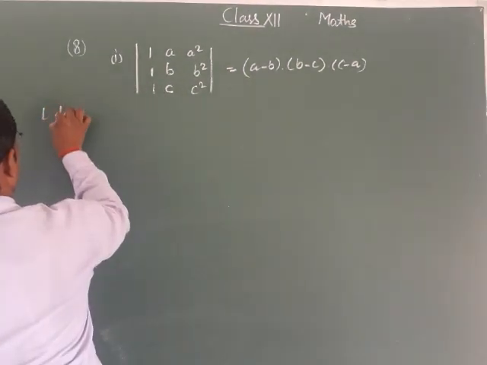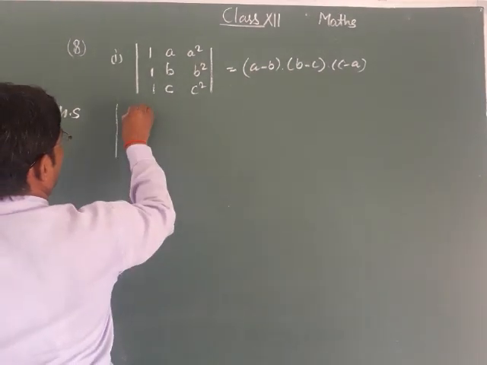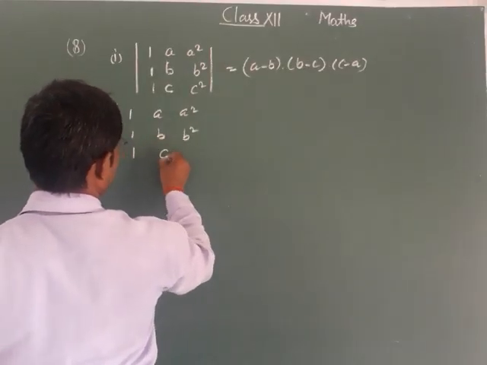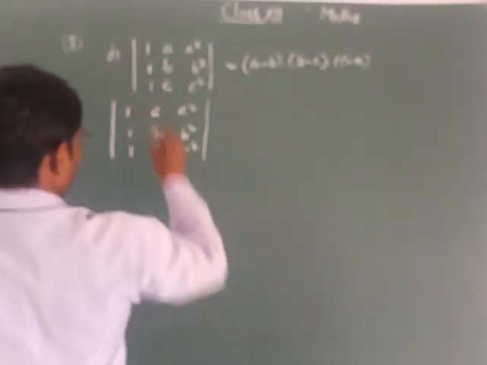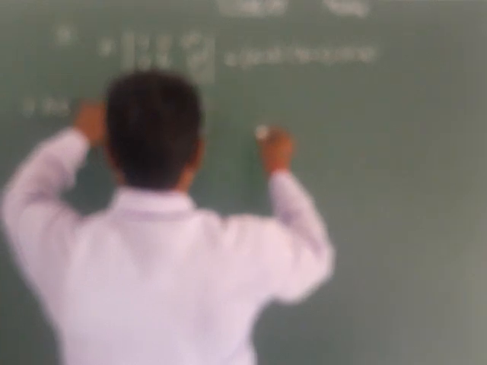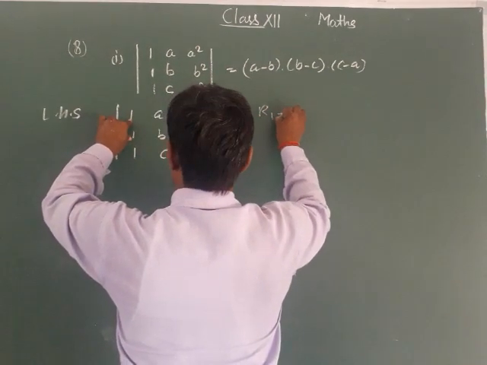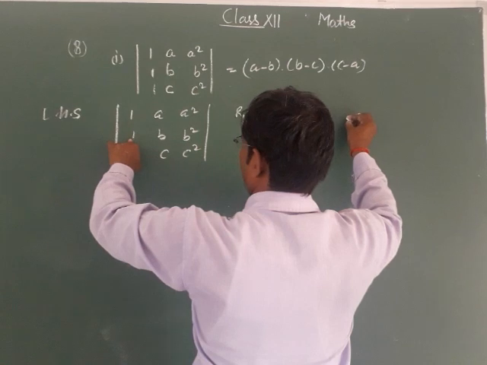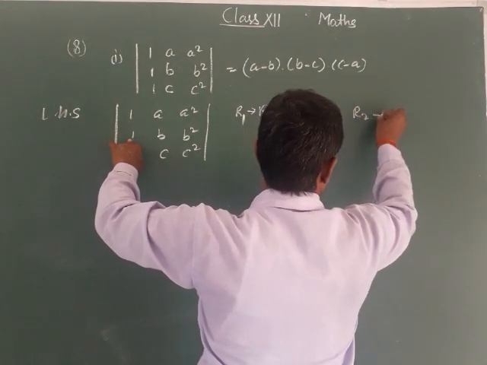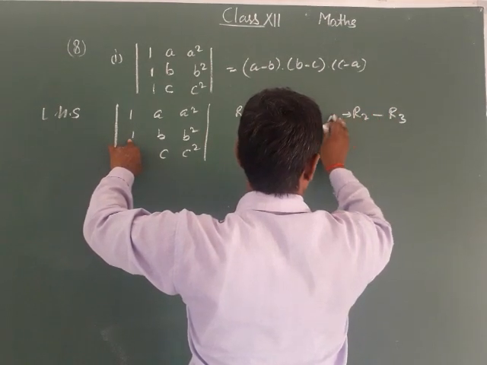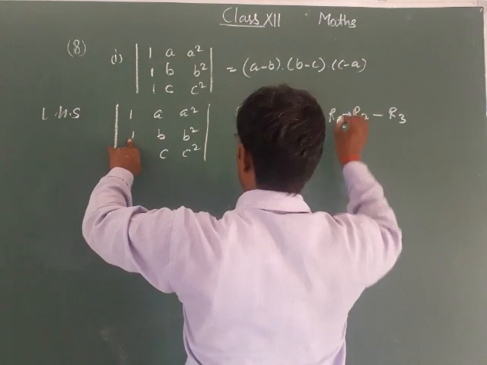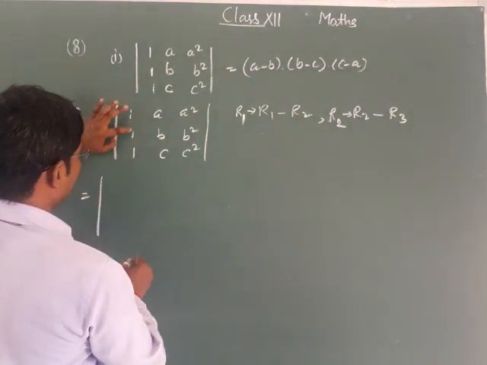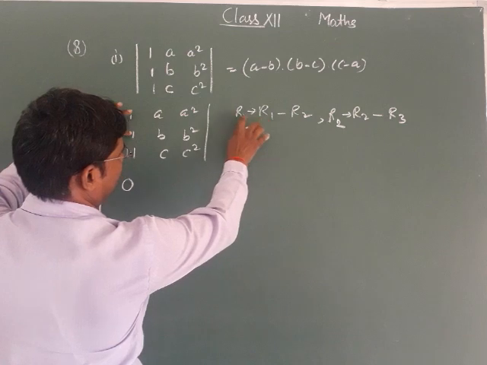So now taking the LHS. Applying R1 minus R2, replacing R1, and also R2 minus R3, replacing R2. So R1 minus R2: 1 minus 1 is 0.